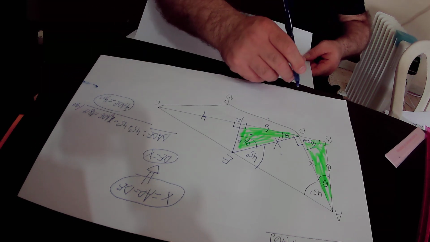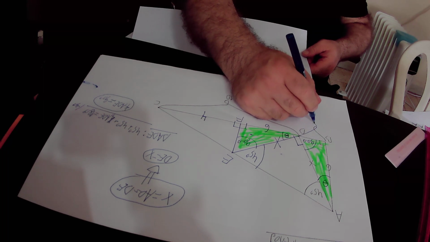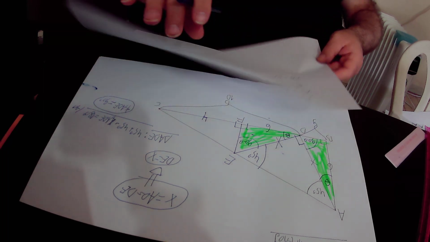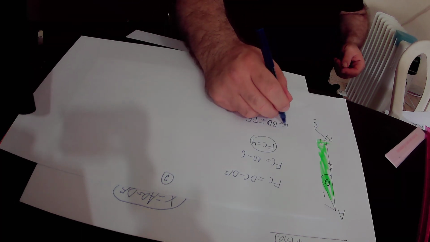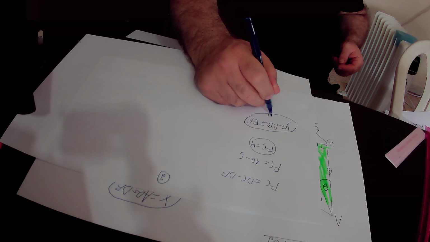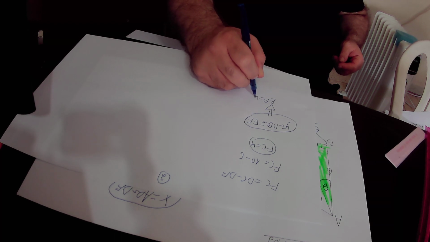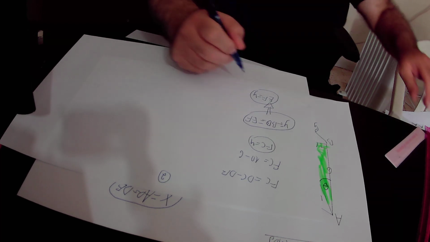Okay, and if we define side BD as Y, so here BD equals Y according to our definition. From this equation Y equals BD equals EF, we derive that EF is also equal to Y.